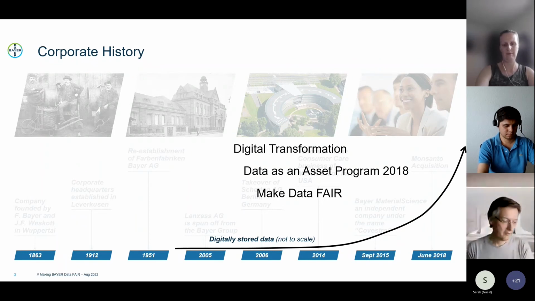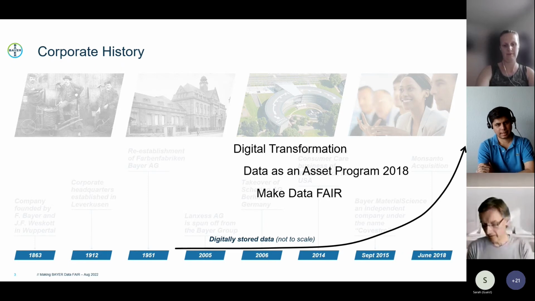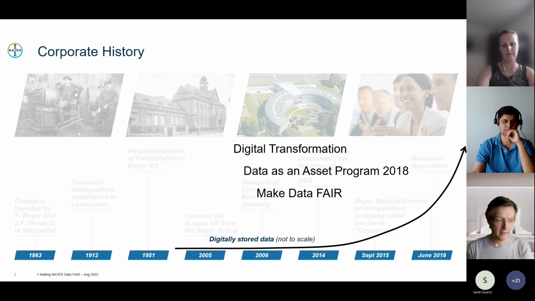So fairness of the data is extremely important, because when you follow the FAIR principles, then a data scientist or a business analyst or a developer of an application, only then can they really do their work.